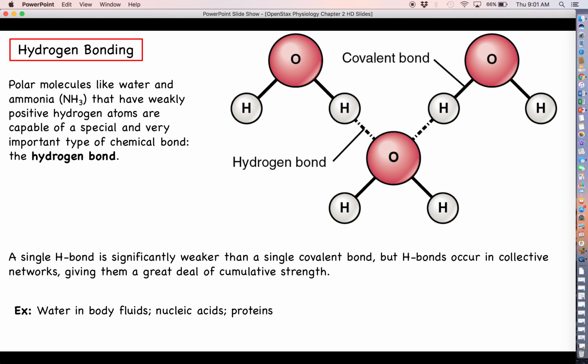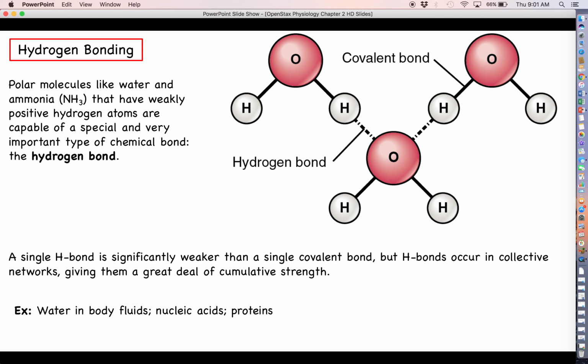You can see in the picture given here that the hydrogen bond is just a weak attractive force between the partial positive hydrogen and a partial negative somewhere else, whether it be on another water molecule or something else. A single hydrogen bond is actually very, very weak. It's not at all hard to break a single hydrogen bond. It's just not that strong.